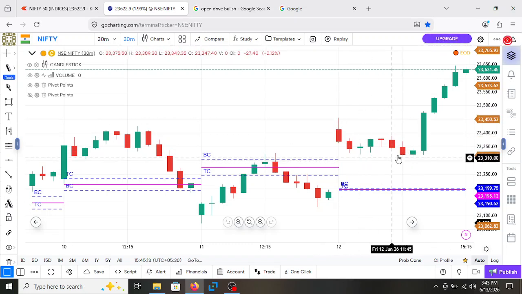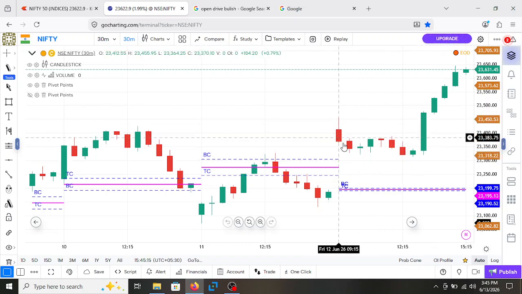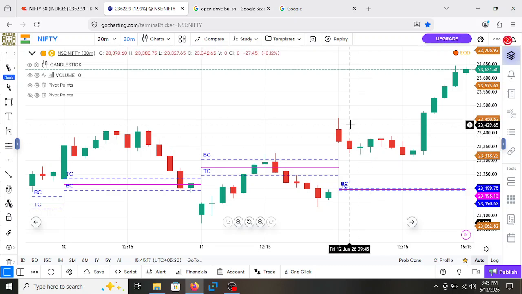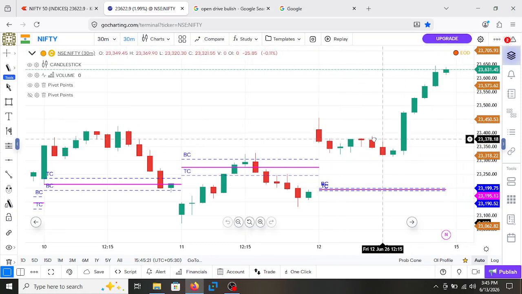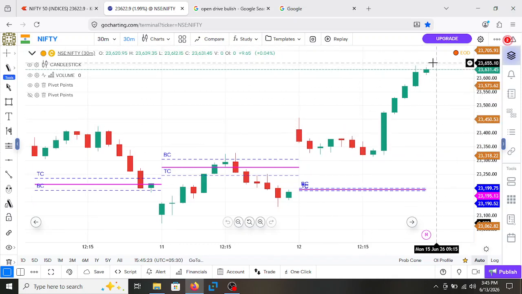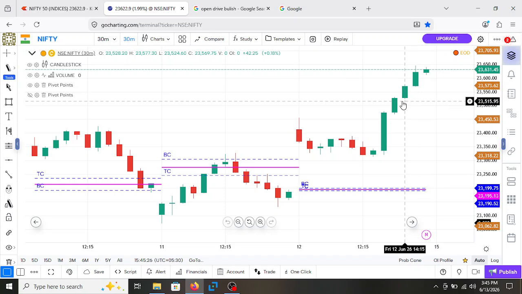So we know that sellers are present in the market, and when the news came, we can see the short covering of their positions.